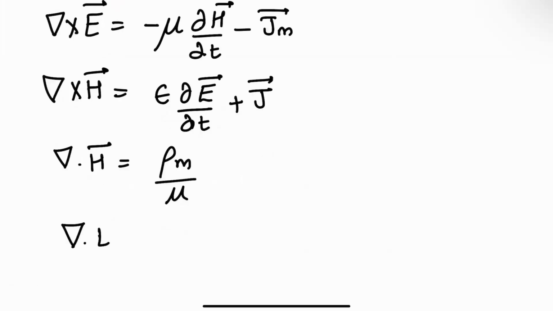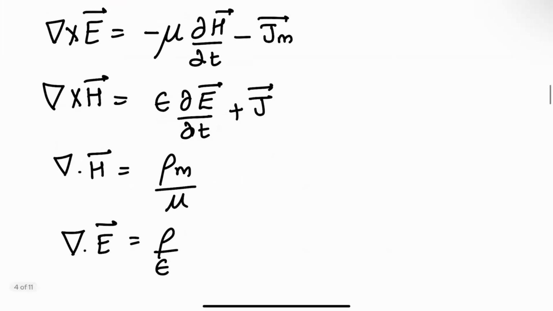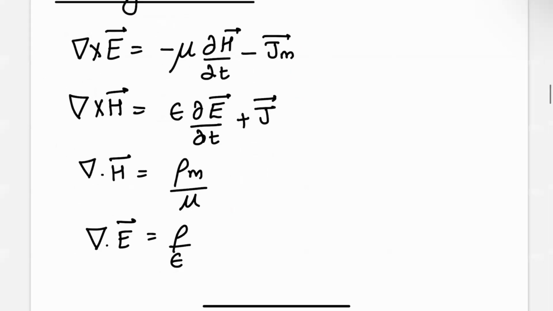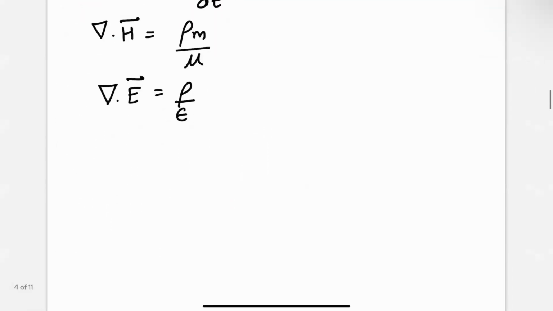And the divergence of E is rho over epsilon. Right? So now we see that there is some kind of duality or symmetry between these two and these two. So that's what duality really means. Okay, so let's do that next. So what are the duality relationships?